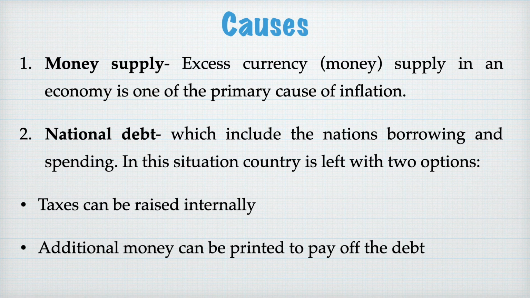The second cause is national debt, which includes the nation's borrowing and spending, commonly called fiscal policy, the spending and borrowing of the government of India. In this situation, the country is left with two options. That's why the government has started the Make in India concept, to make sure India is a manufacturing hub, correct?